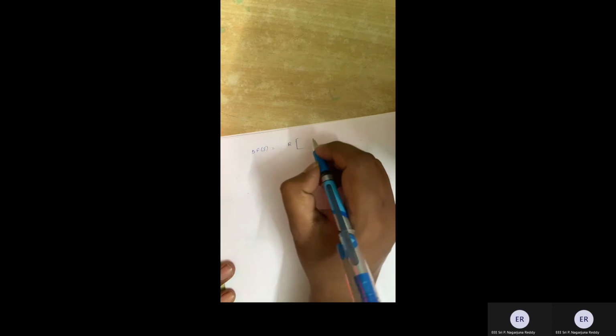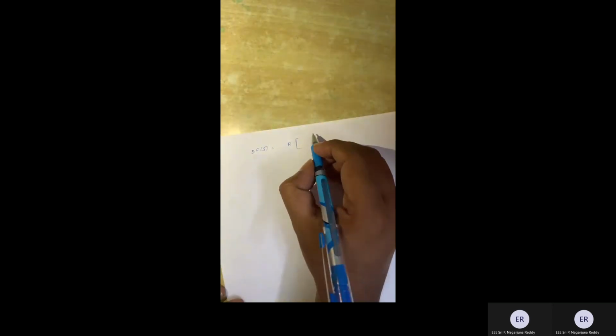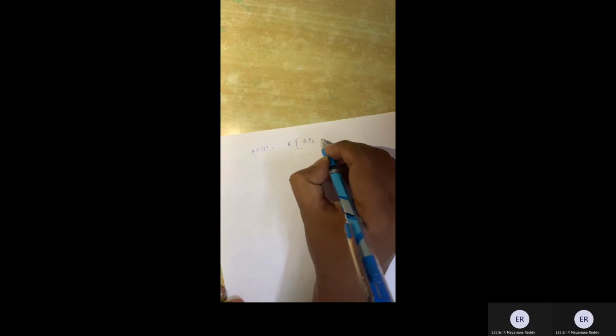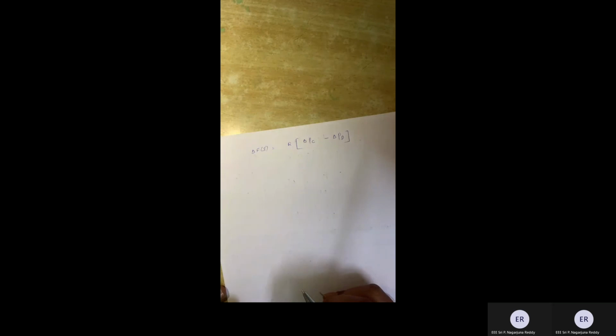Delta PC minus delta PD. Now, looking back, if you can see, delta f of s is equal to R into delta PC minus delta PD.